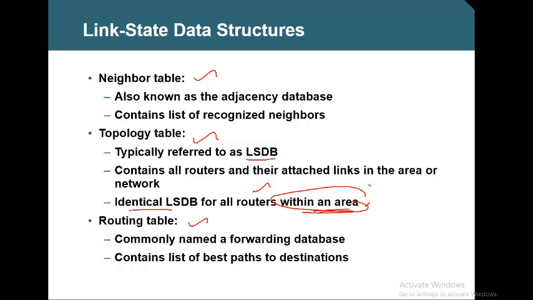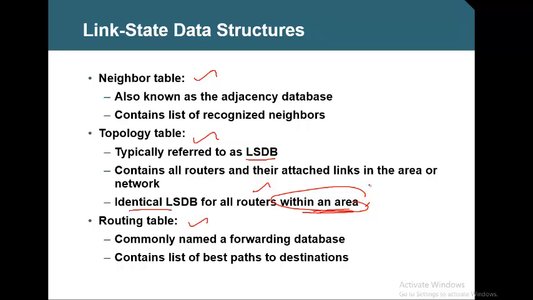At every area border, we do summarization. So you may think that because you are summarizing, the other area will not get the detailed database. Yes, that is also there, but even if you don't summarize, the other area will not have the same database that you have in this area, because there are some LSAs that are not sent to the other area in the same form.